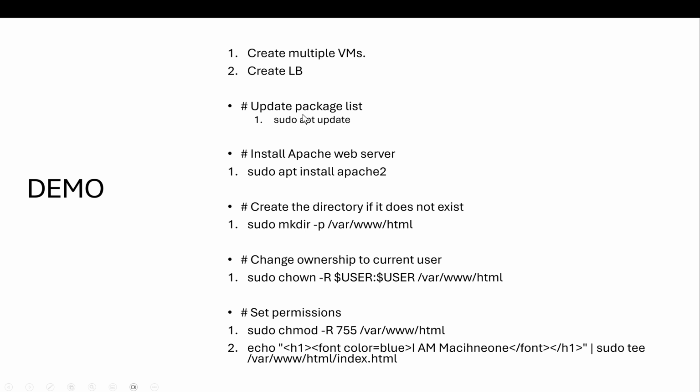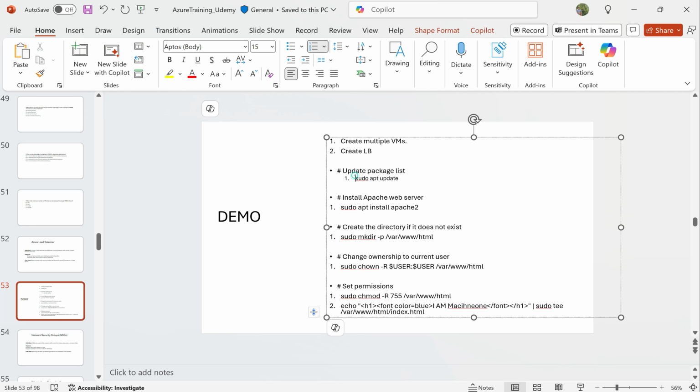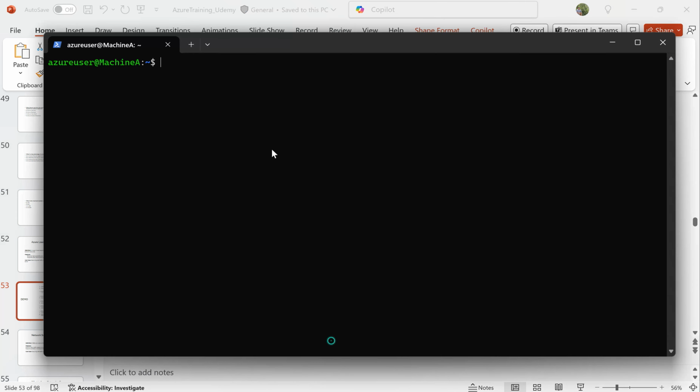What do you first need to do? First, I need to run sudo apt update. This will update my machine. For example, if you use Windows or Mac, Windows keeps pushing updates regularly, so you need to update the machine and restart it.